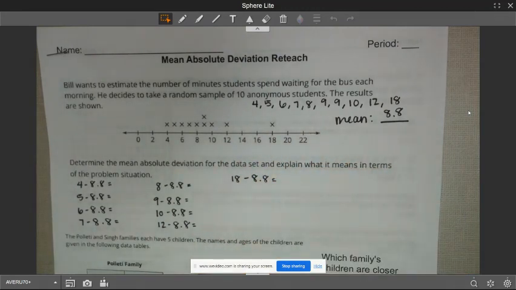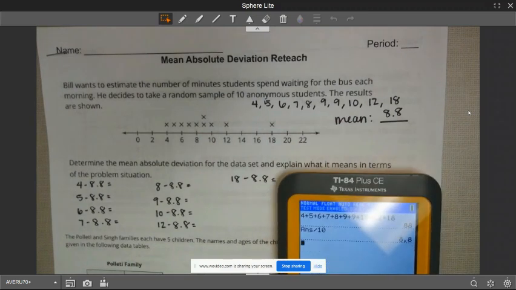Notice I left the 8.8 as a decimal. When it comes to mean absolute deviation, you are not rounding, okay? You need to leave the mean in its entirety.